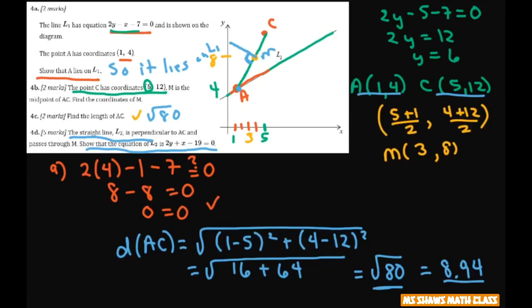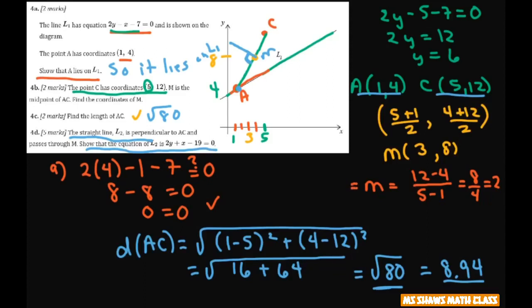So the first thing I want to do is find the slope of AC. The slope of AC is going to be 12 minus 4 divided by 5 minus 1. So this is 8 divided by 4, which equals 2.